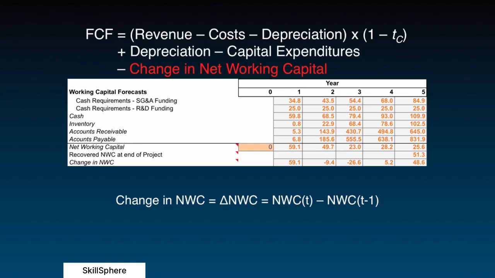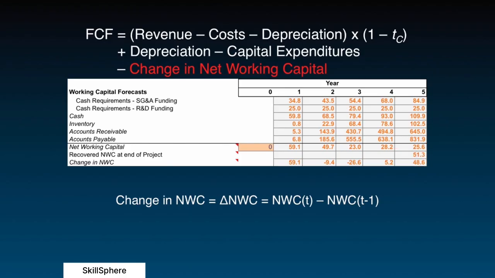And on and on and on. And in the last year, we would have 25.6 minus the 28.2, but then we have to add back in the 51.3 to get net working capital of 48.6, which reflects recovering all that working capital at the end of the 5th year.